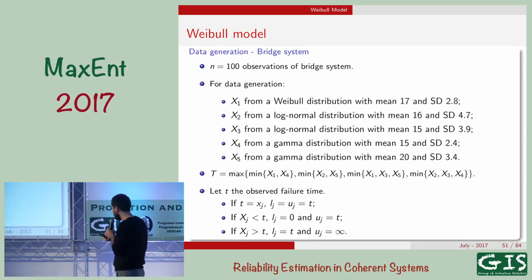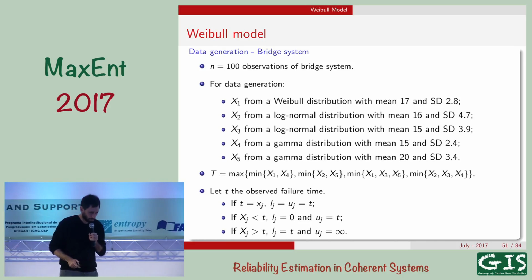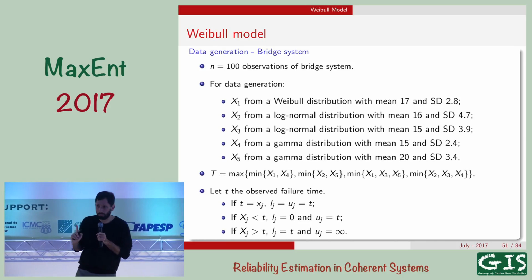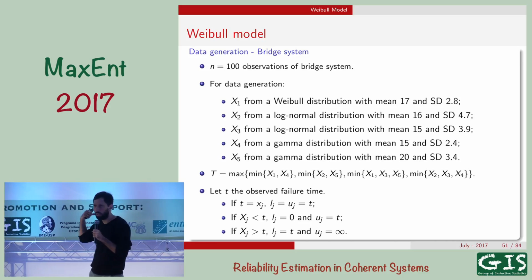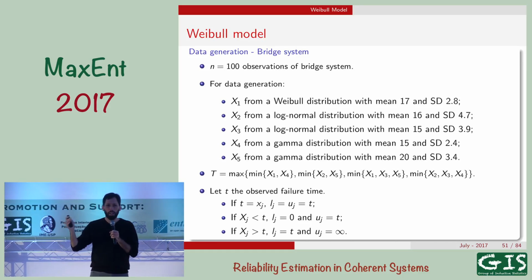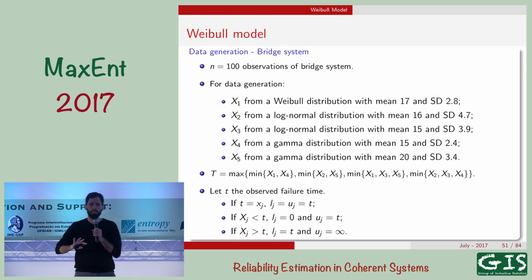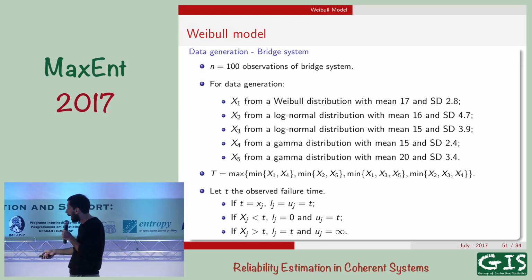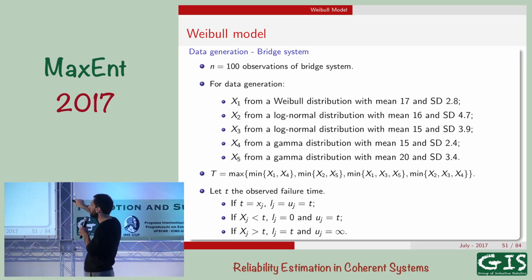Okay, so let's now go to another toy example, but now we have a difference. In our first example, the non-parametric solution, we had gamma distributions with different means and different variances, but all of them were gamma distributions. Now we change a little to a Weibull distribution, log-normal, gamma, and gamma.